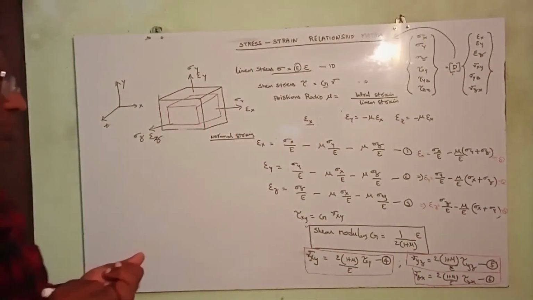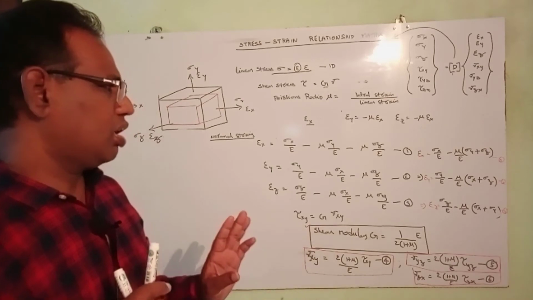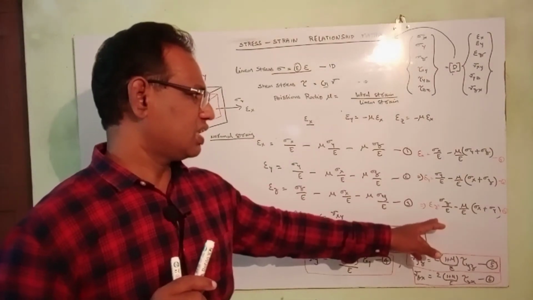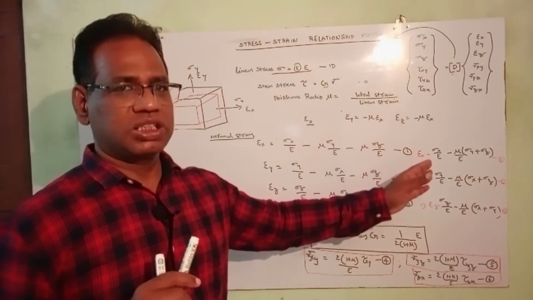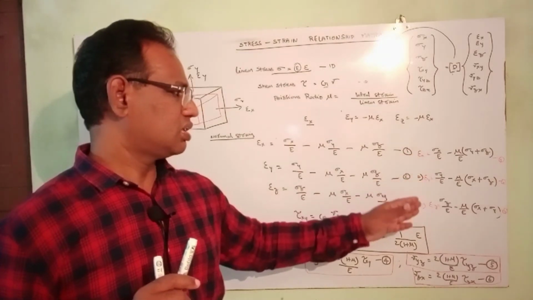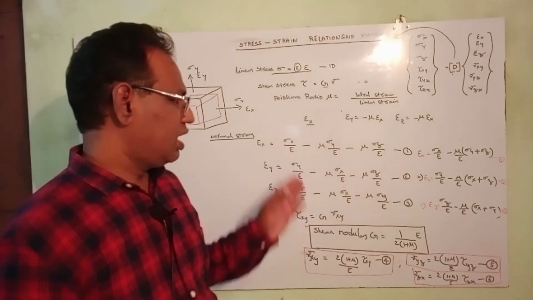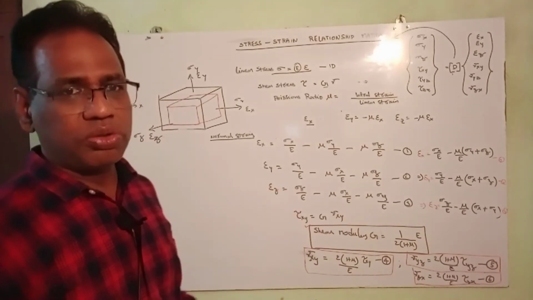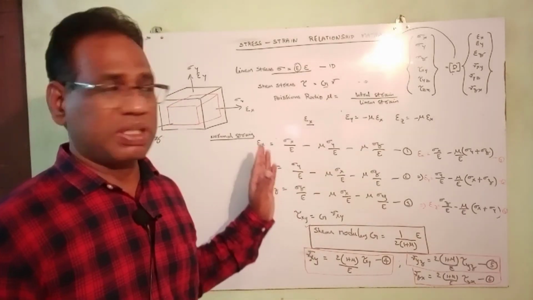So now what I am doing is I am going to work out of these three relations what sigma x, sigma y, and sigma z are. The derivation part I am going to continue here after erasing this, because it is a lengthy derivation.